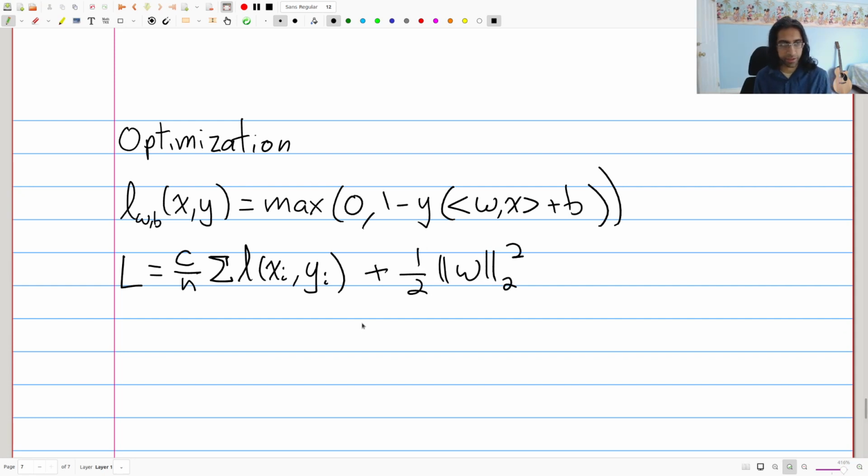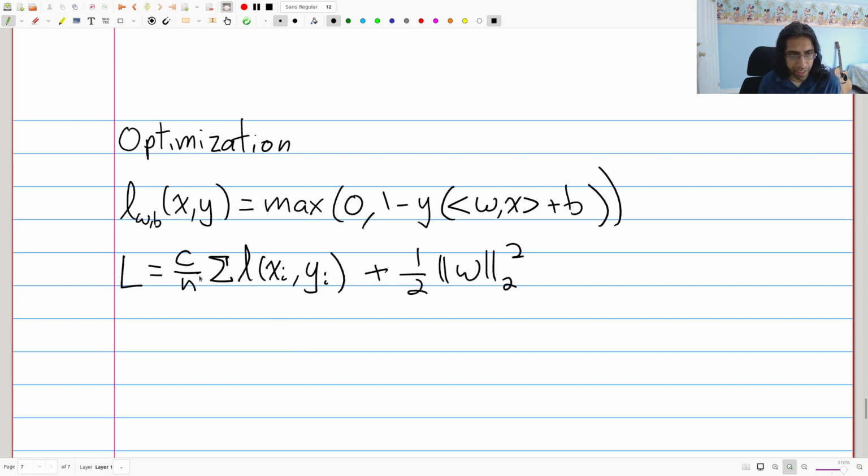So this is the loss function when we're trying to optimize a soft margin SVM. This might look very similar to you in the sense that it looks like an L2 regularized problem, which it exactly is. It's very similar to ridge regression, where we could write the exact same form, though instead of using the hinge loss, we would be using the squared loss.